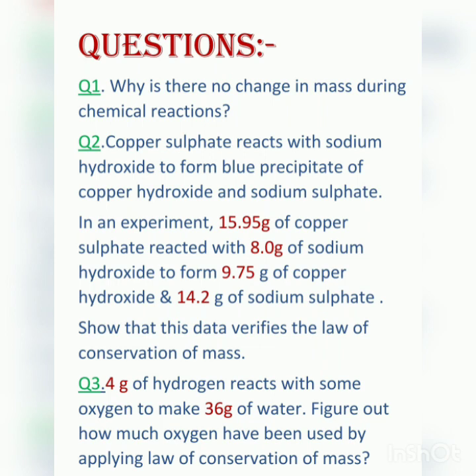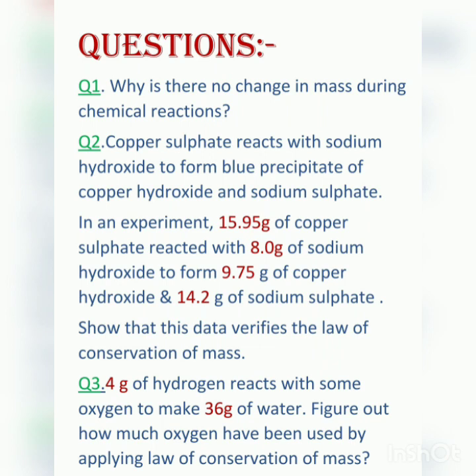Now, in question number 3, it is given that 4 grams of hydrogen is reacting with some amount of oxygen. So it means the mass of oxygen is not given here. And when the hydrogen is reacting with oxygen, it forms water, and the mass of water is also provided, that is 36 grams.